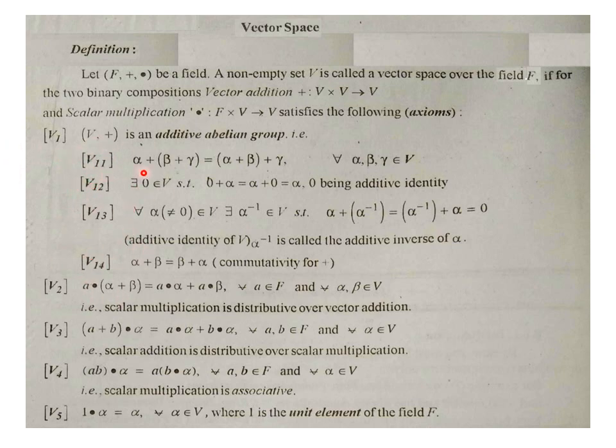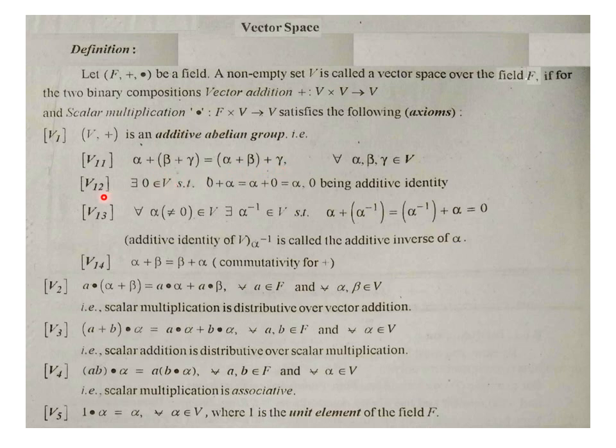The first one is very simple. If three elements of set V are there, then addition-wise they have to follow the associative law, meaning alpha plus bracket beta plus gamma equals bracket alpha plus beta, then plus gamma. That is, if three elements are added, the order hardly matters. So that is about the associative law of addition for vector V.